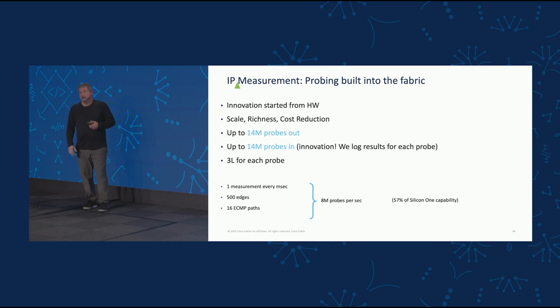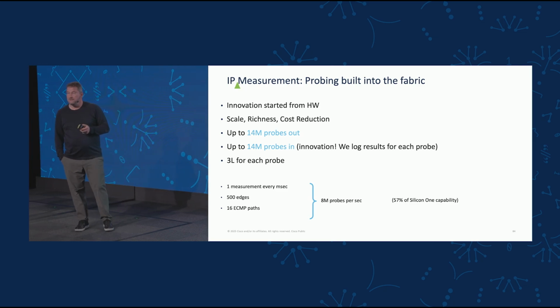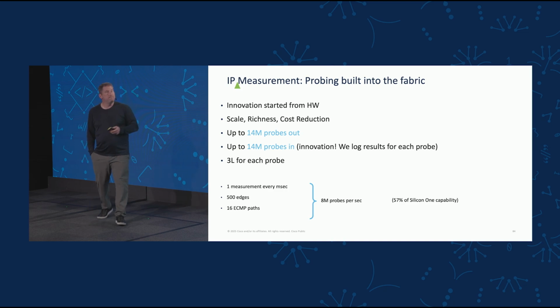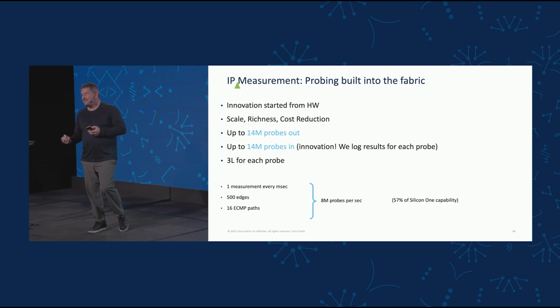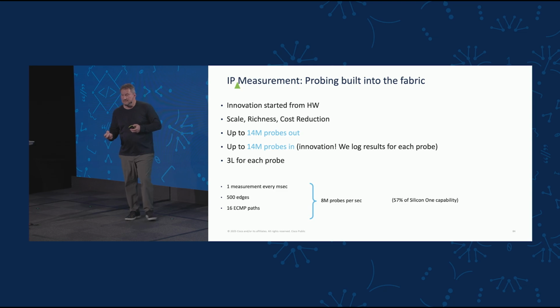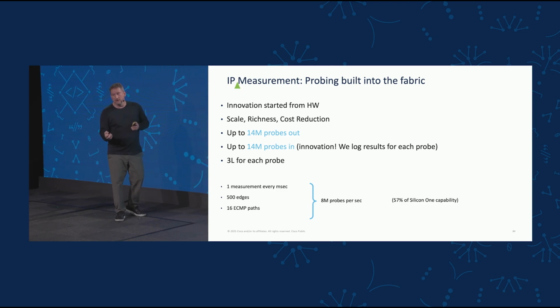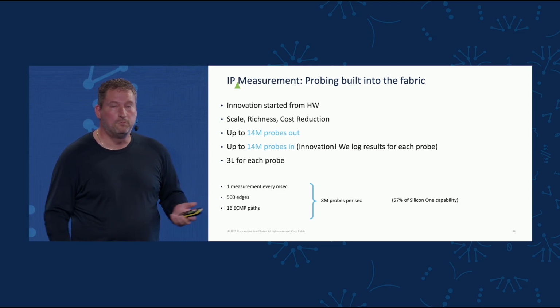So IPM, IP space measurement, right? This is probing built into the fabric. It is an innovation from the SR architecture team led by Clarence Fisfis, where it all started in the hardware itself. The most basic thing networks do is hardware. So how do we unleash the power of hardware to do probing and measurement?